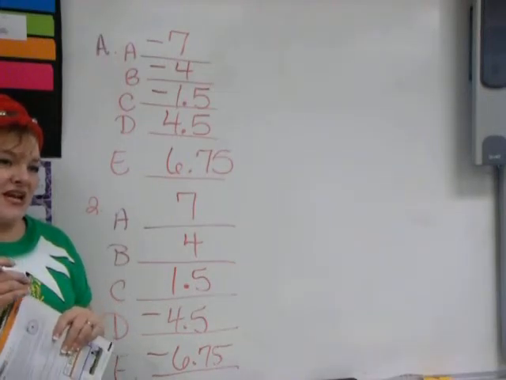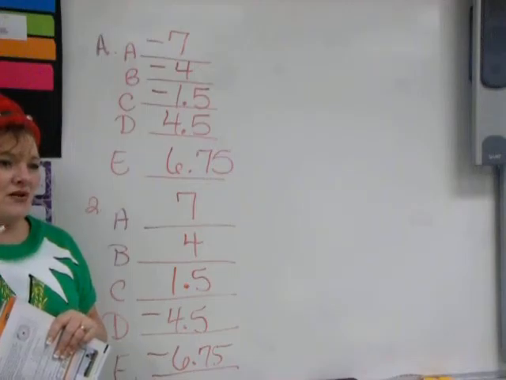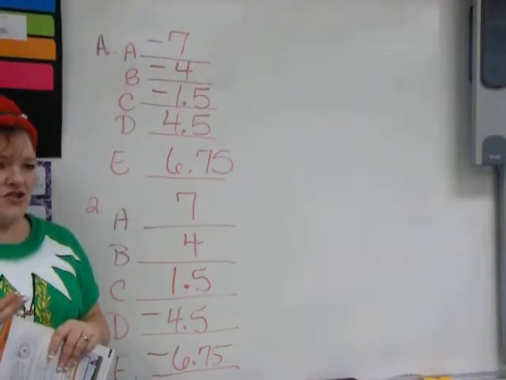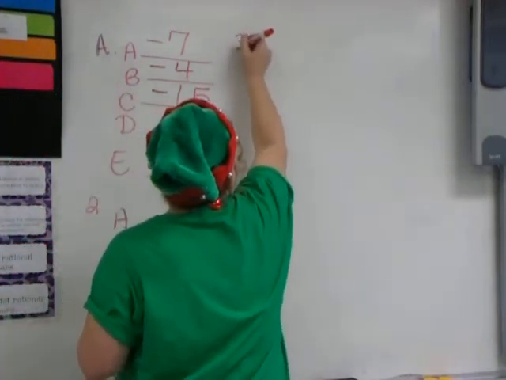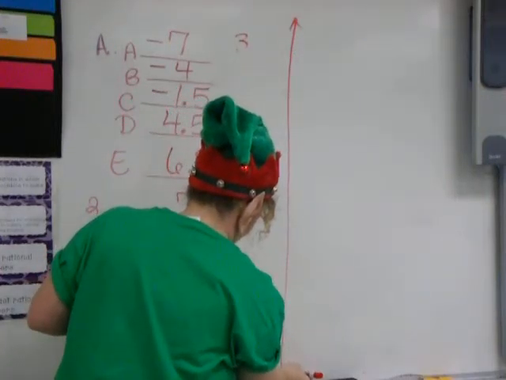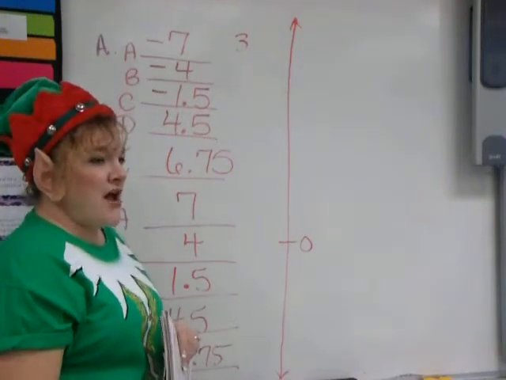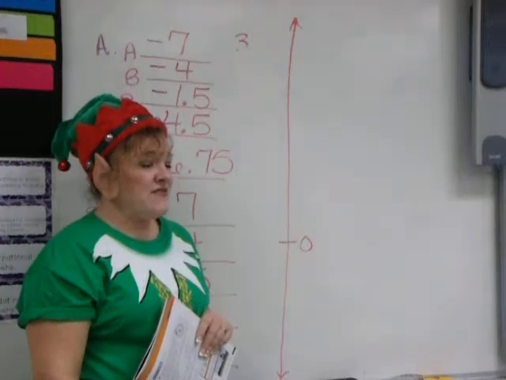Now, number 3, I've left you room on your recording sheet to draw your own vertical number line, or you can flip it over and draw you a vertical number line. So number 3, you need to draw a vertical number line, like a thermometer. I'm going to number mine in increments of 10.